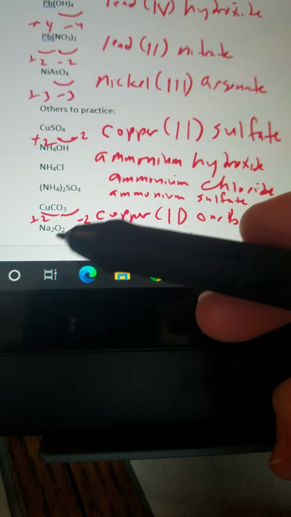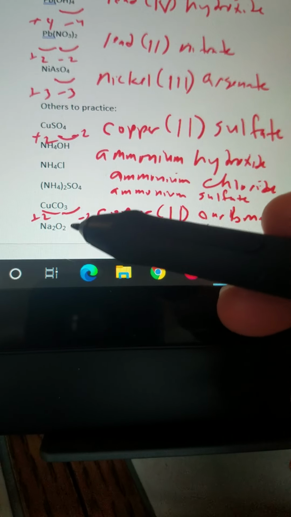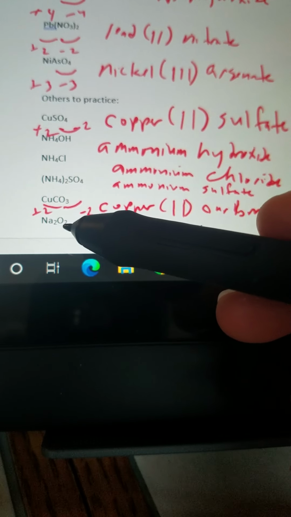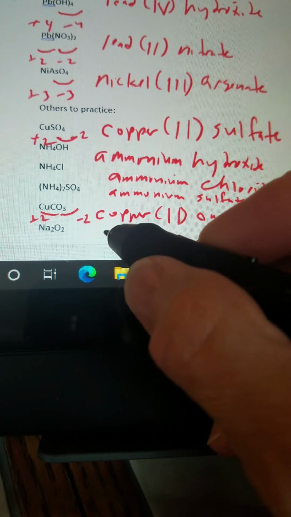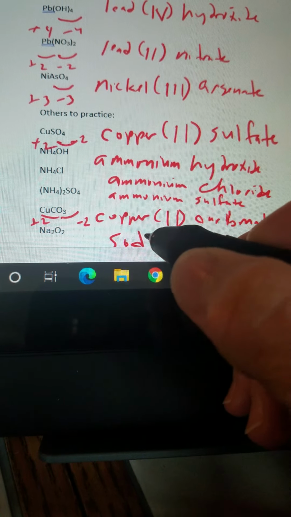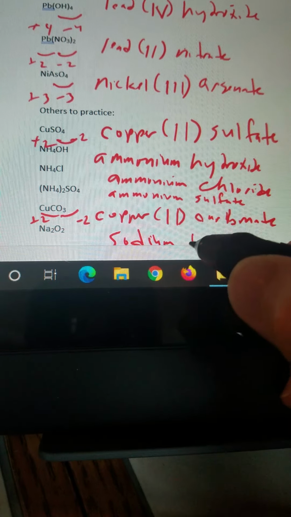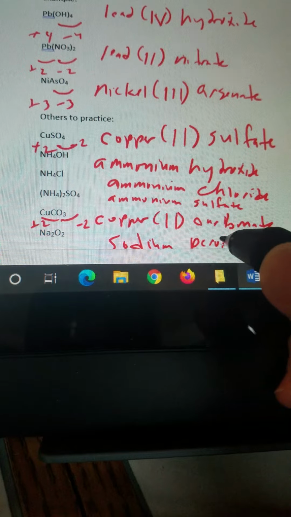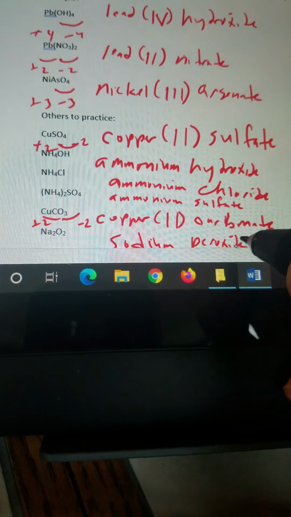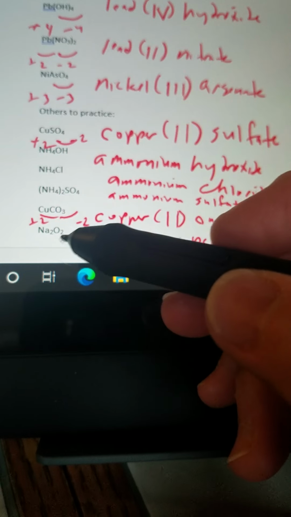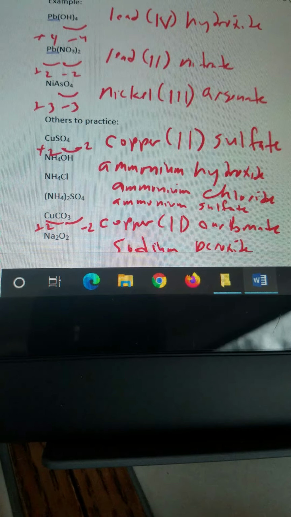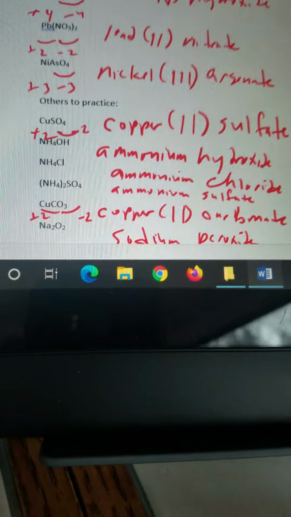So if oxygen in this case has a -1 charge, which it would, that is actually the peroxide ion. So naming this one, it's actually going to be sodium peroxide. So if you have an O2 as the second part, check to see what charge the oxygen would have based on whatever you have at the beginning.